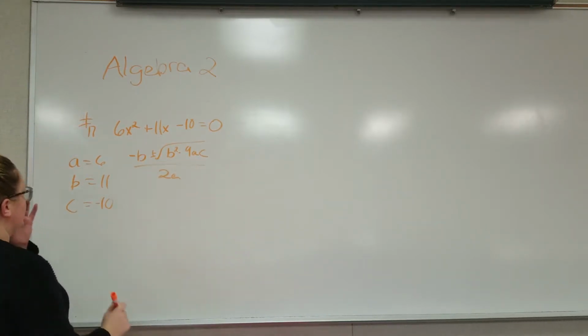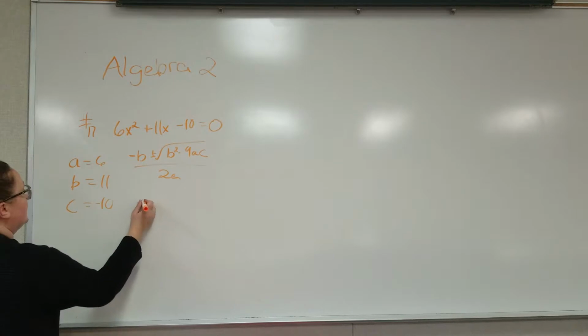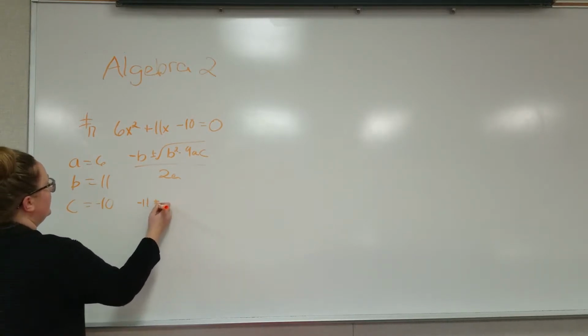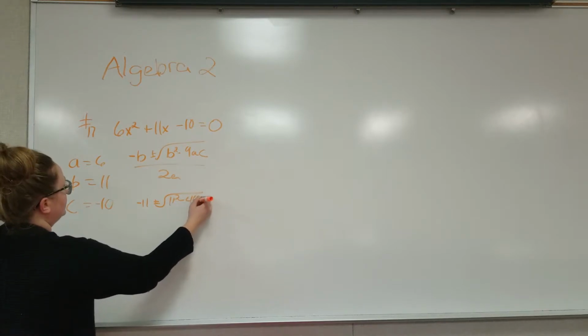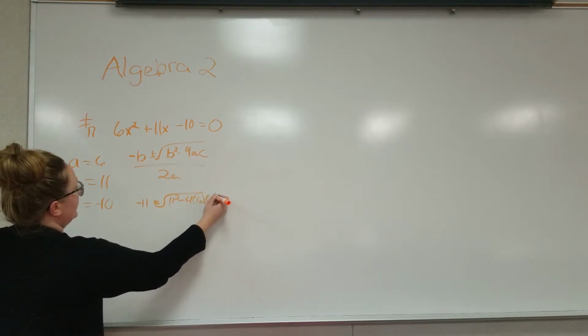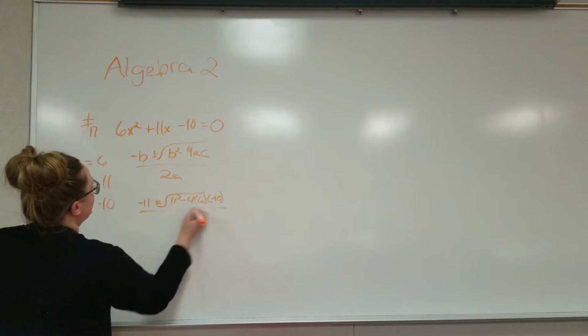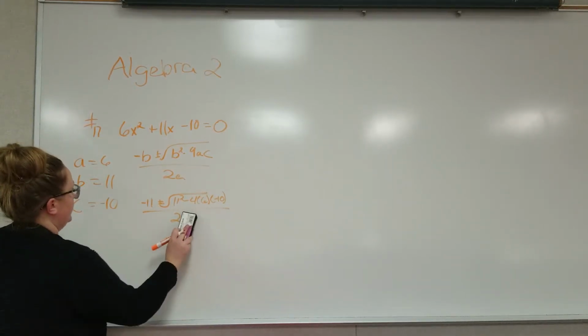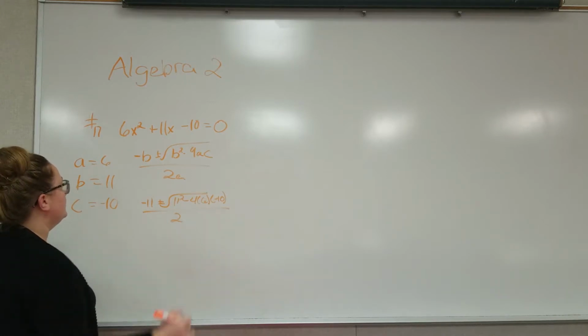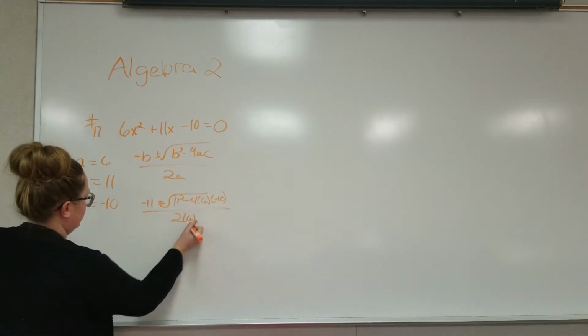All right, so B is 11, so negative 11 plus or minus the square root of 11 squared minus 4 times A, which is 6, times C, which is negative 10, over 2 times A. Ooh, A. We know what A is. A is 6. 2 times 6. There we go.